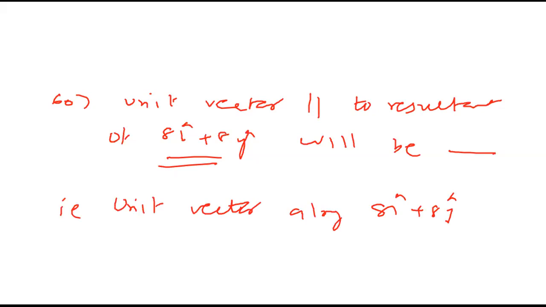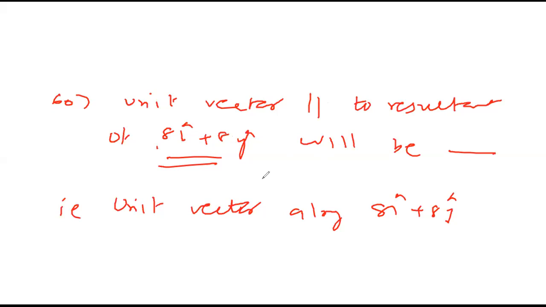The unit vector parallel to the resultant of vector. Yes, sir, one vector they have not given in the book. Say the resultant of vector 8i plus 8j will be.